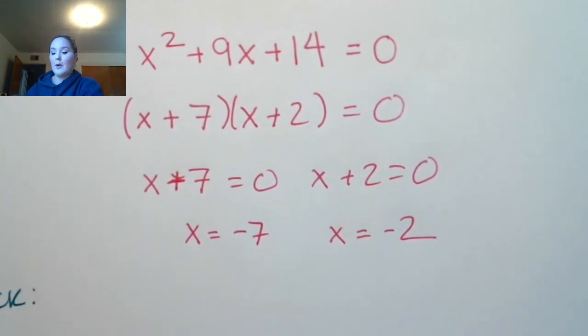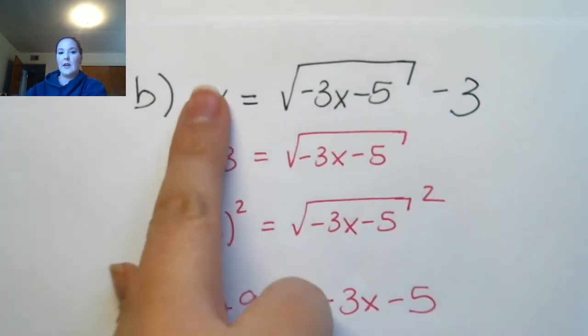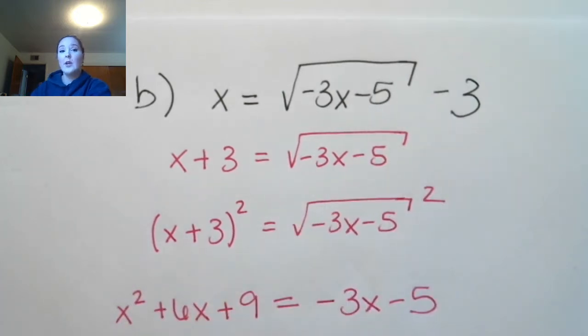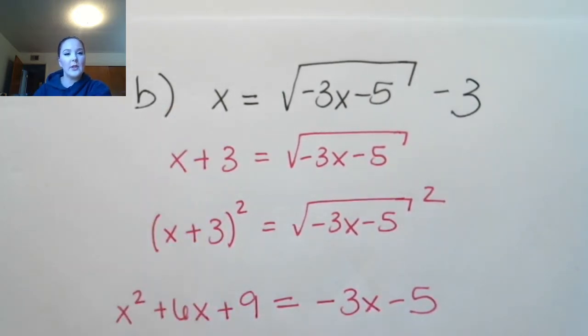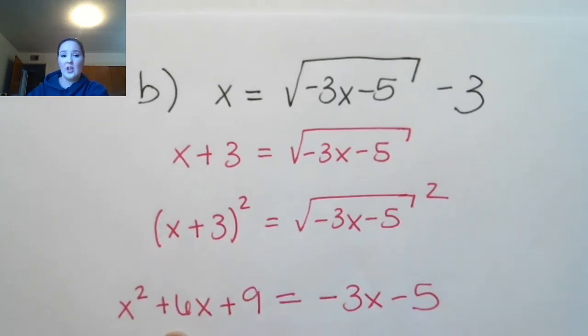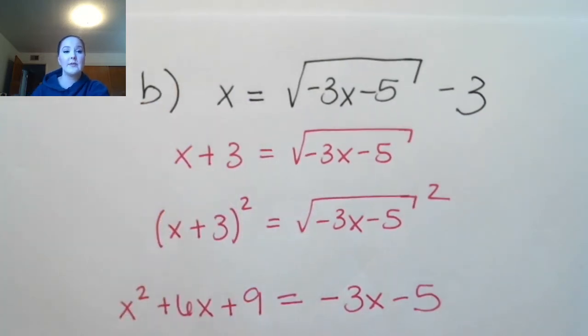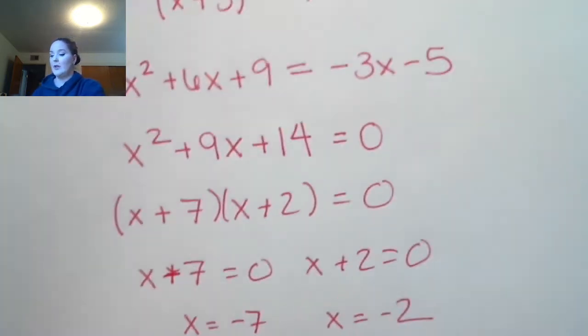Remember my original equation was this: x equals square root of negative 3x minus 5 minus 3. You can check it here or here. The issue really arises when you square both sides. So you can't check it in this. They will both solve this equation. You have to check it before you square both sides. So I'm just going to stick with my very original equation.